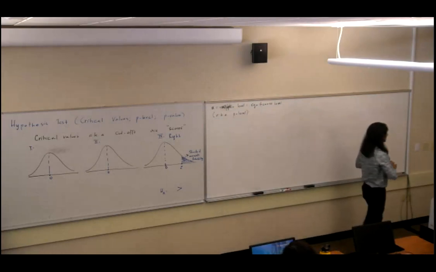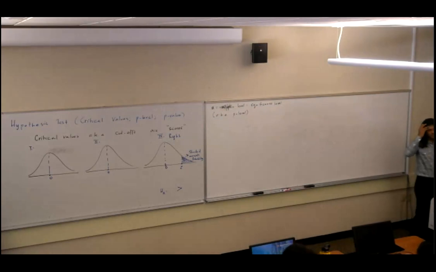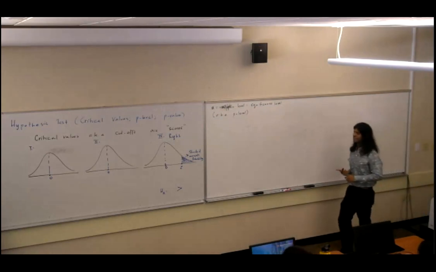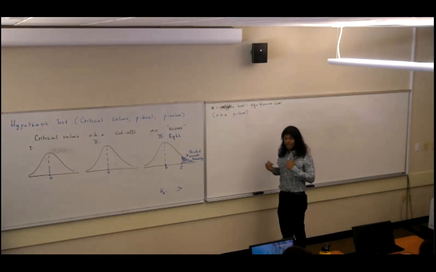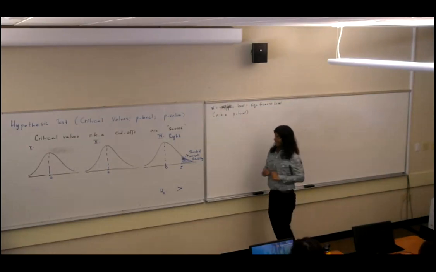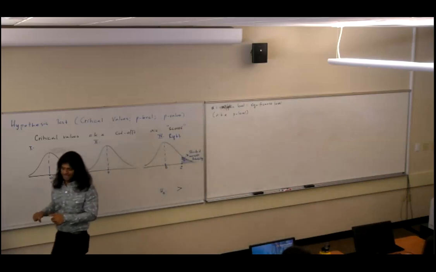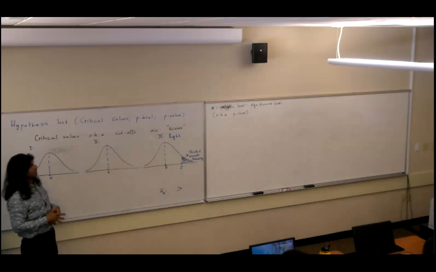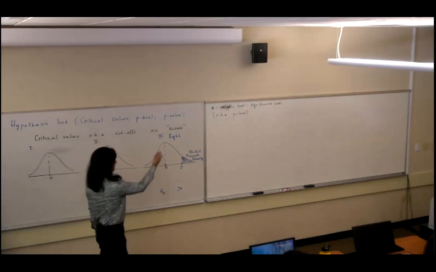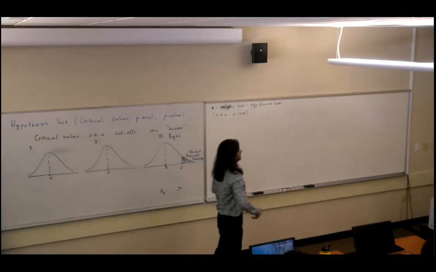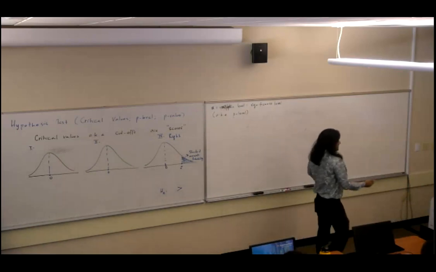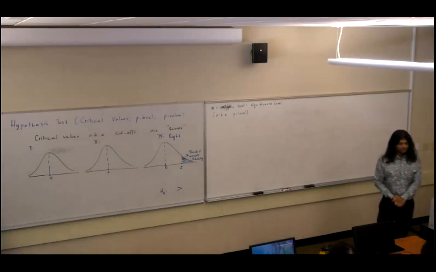In social sciences, I've often seen people refer to alpha as P-level. I don't like to do that because it's confusing, because there's another thing called P-value. P-value and P-level are not the same. If you want to avoid confusion, just call it alpha. Alpha is the significance level.